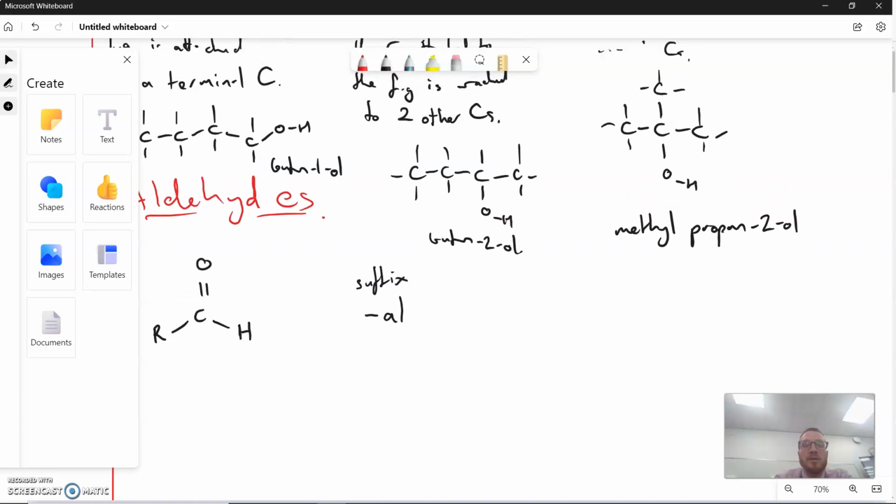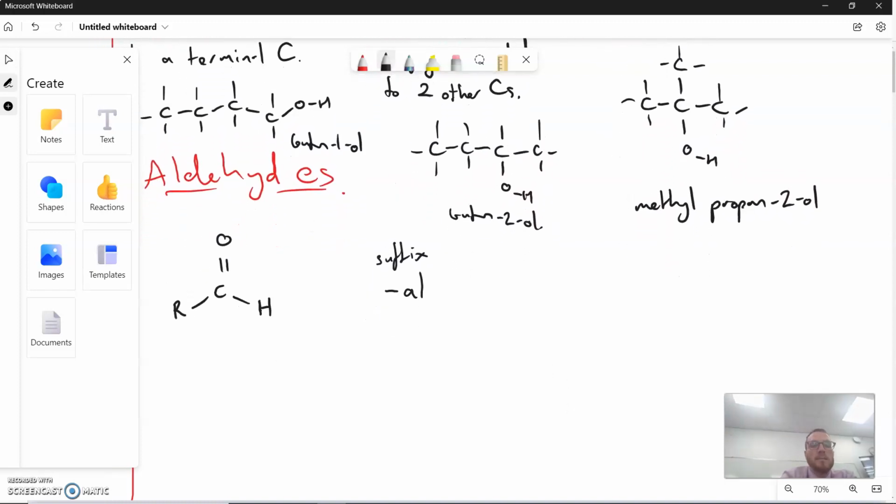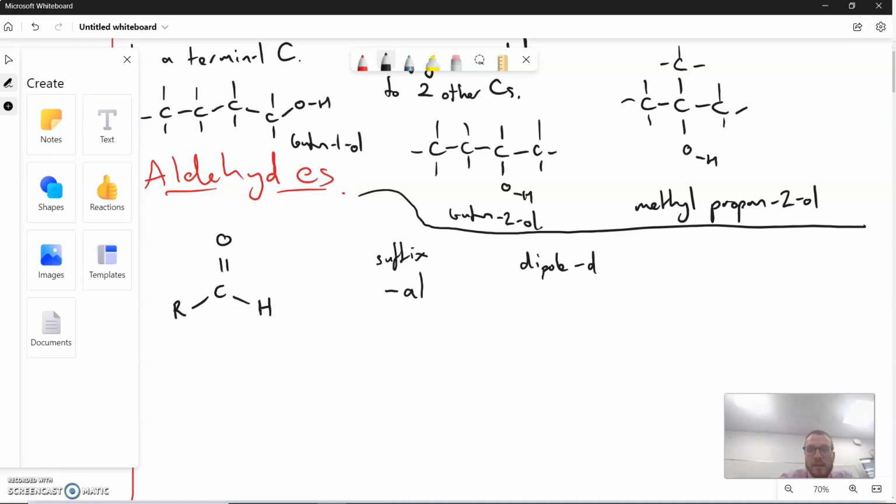Now, what do you think in terms of intermolecular forces? Thoughts? Yeah, dipole-dipole. Why is it not hydrogen bonding? Because the oxygen isn't with the hydrogen. Exactly. So dipole-dipole and dispersion, not hydrogen bonding.